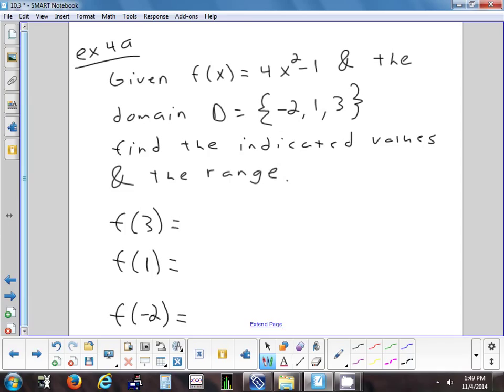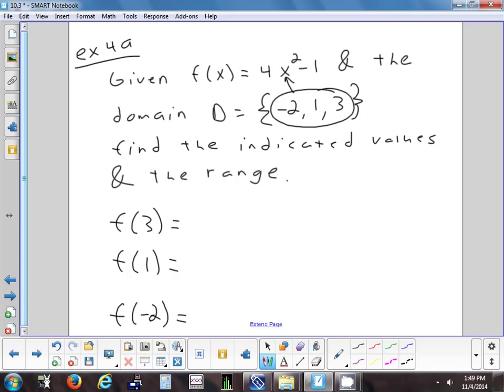Okay, so what are we going to have to do each time? Plug in. Yep, exactly. You're going to take every one of these numbers one at a time, and you're going to plug them in for x. Let's start with 3, f of 3.